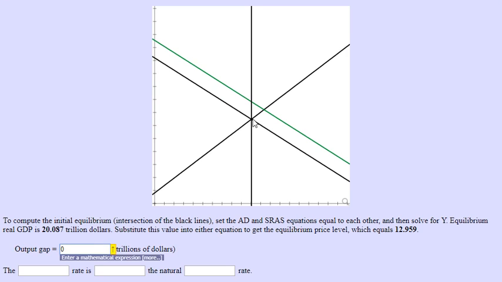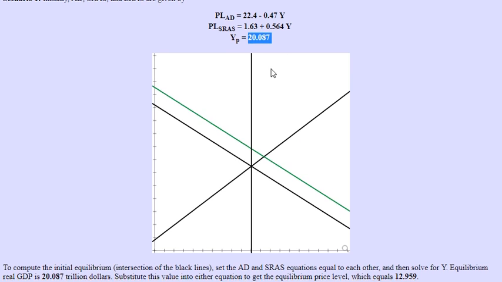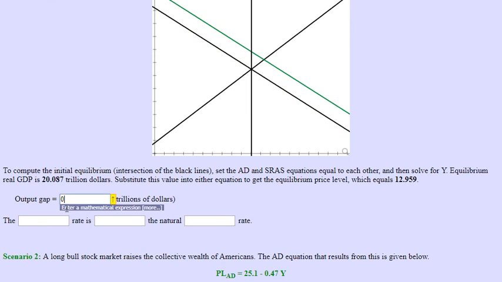Well, as I said earlier, real GDP is the value of the intersection where short run aggregate supply crosses aggregate demand, and that just happens to be at long run aggregate supply, which equals 20.087. So real GDP is $20.087 trillion, and potential GDP is $20.087 trillion. So the output gap is 0.